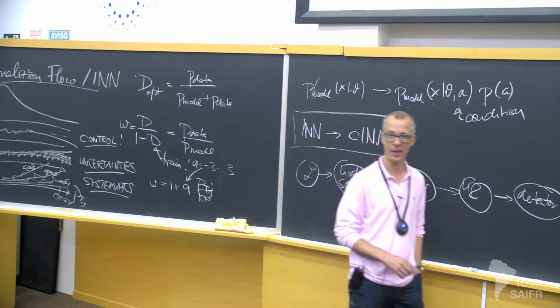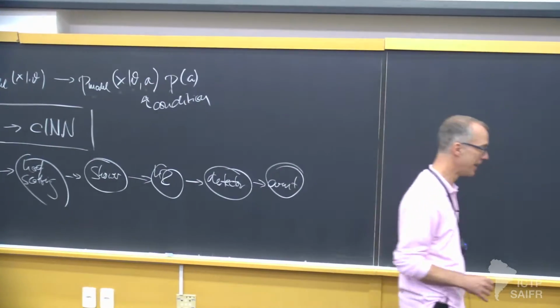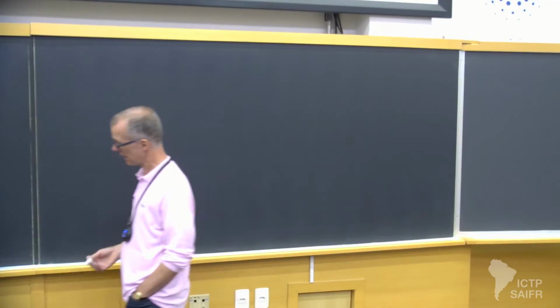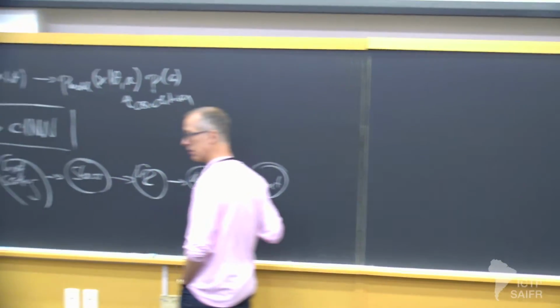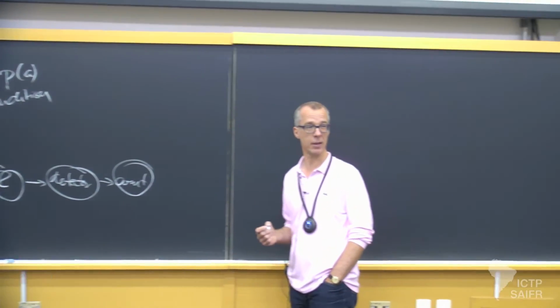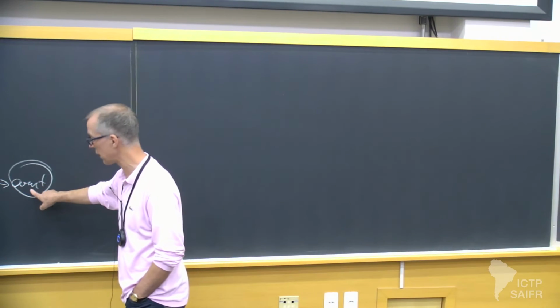So this happens. Actually, it happens. And then relying on the forward simulation cuts into your precision, right? So you have to work hard to get everything down to here.